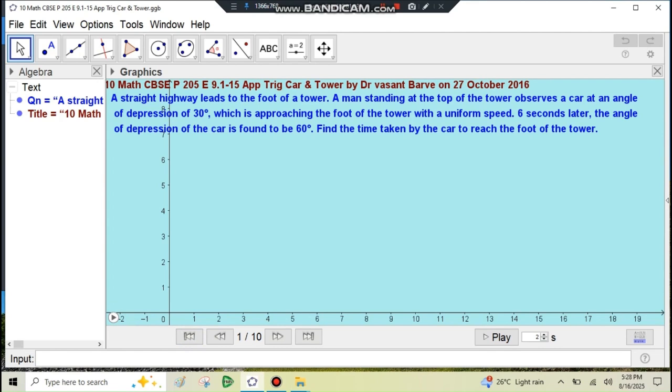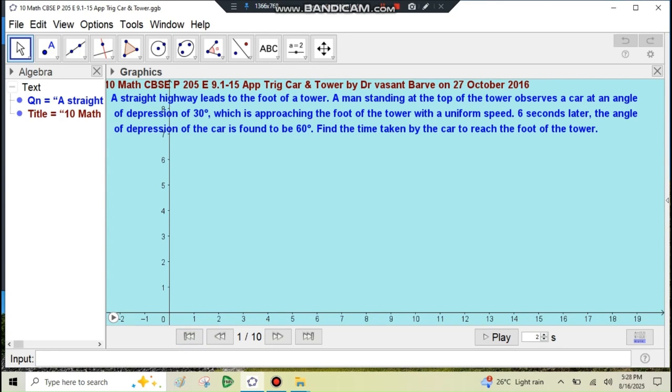Let us understand the problem. That car is moving in a straight line towards the tower. Somebody is sitting at the tower and watching that car, and simultaneously we are observing the angle made by the line of sight with the car.